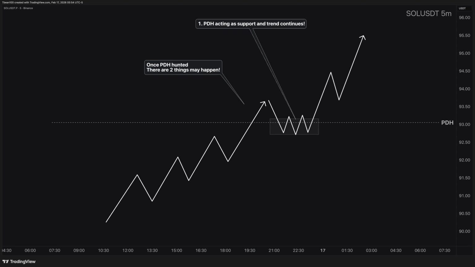First of all, in many cases, these institutional levels can act as a strong support or resistance areas, and the obvious trend may simply continue in the same direction. That is exactly what I expected to happen on the Solana chart we just analyzed together.